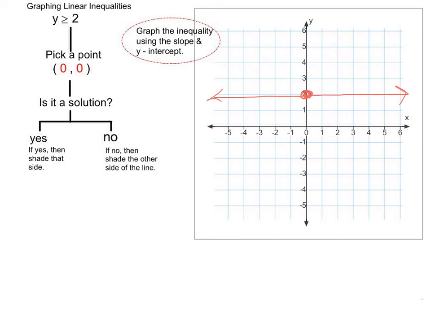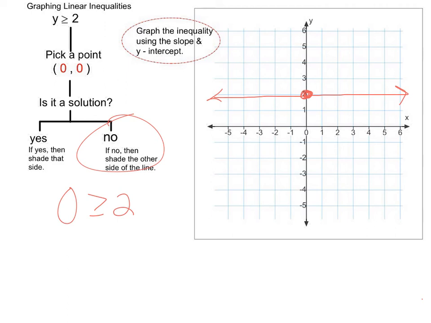Now, we could actually plug in 0 in place of y. We could say, is 0 greater than or equal to 2? Well, no, of course. So where do we shade? We shade on the other side of the line. And you say, well, where is the other side of the line?